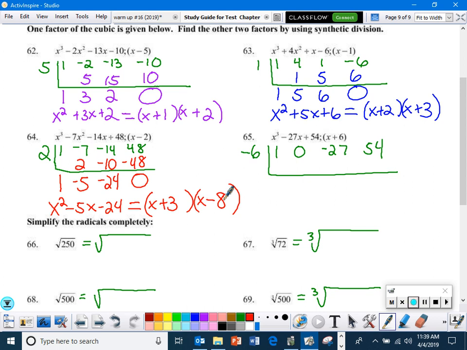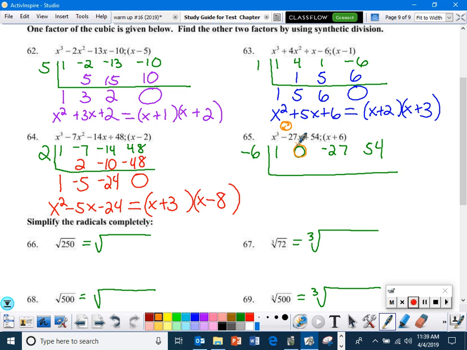Okay, number 65. Don't forget that if a variable is missing, like in this problem, the x squared is missing, so we have to put a 0 in that spot. Please do not forget. Anything missing, you need to hold that spot with a 0.